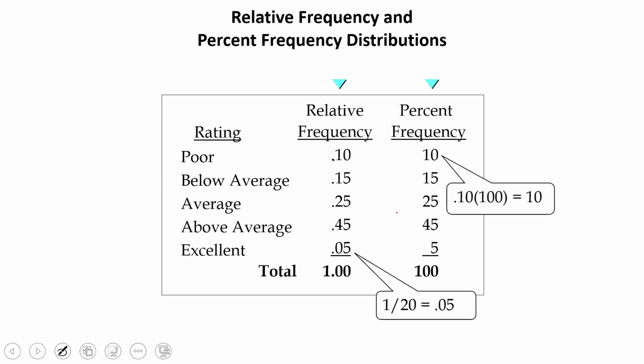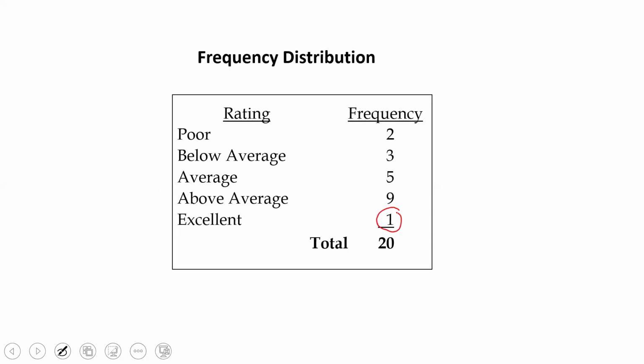Then we can go to relative frequency. Our relative frequency will be 2/20, 3/20, 5/20, 9/20, 1/20. Whatever figure you have here is your relative frequency.